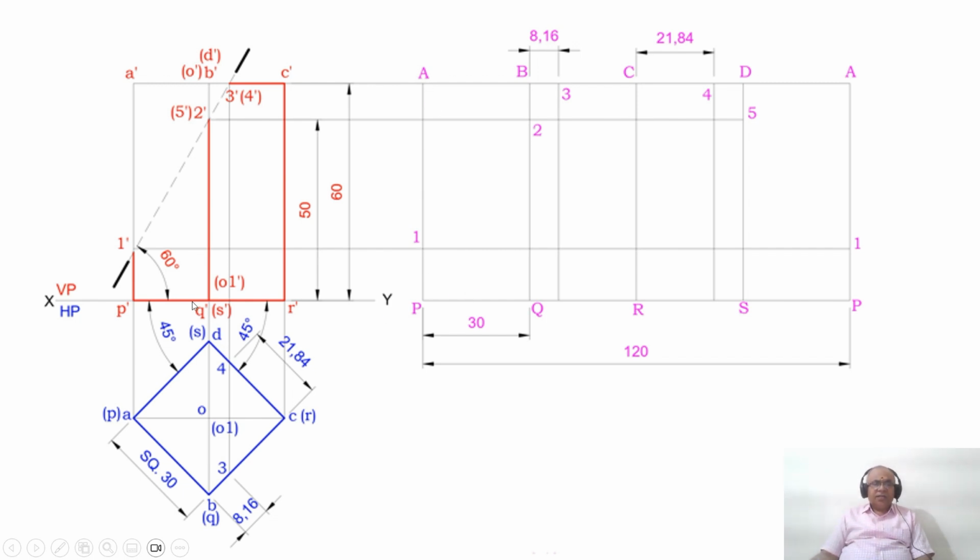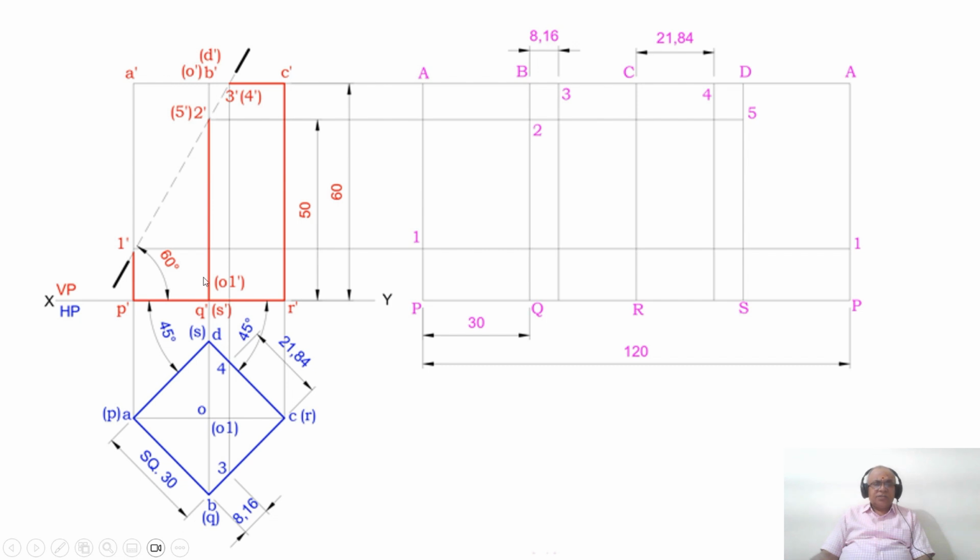Yes. So since the point is on a true length side and AP is also in true length, you transfer it directly. How can I do that? From 1 dash, you draw a horizontal projector which crosses AP at the beginning and AP at the end. That is 1 and 1.